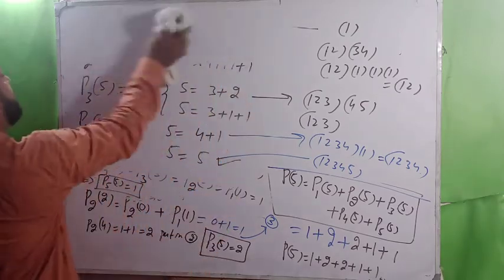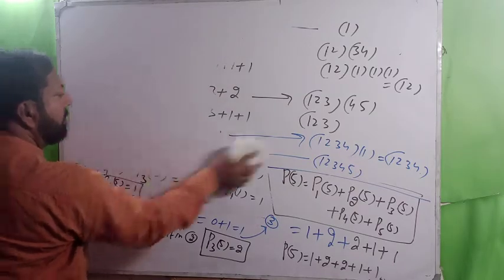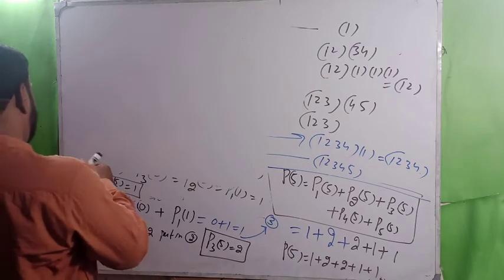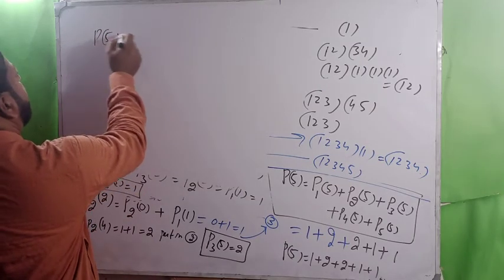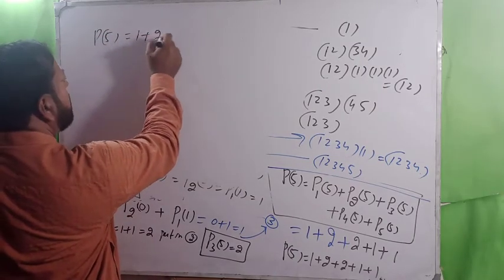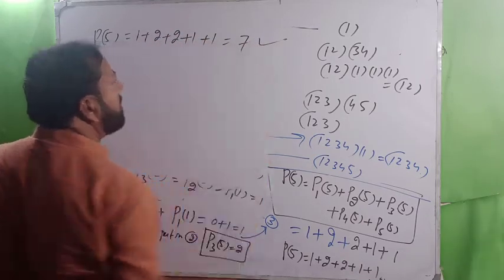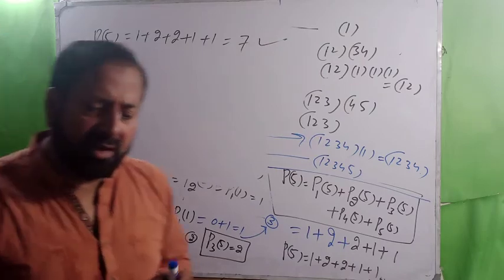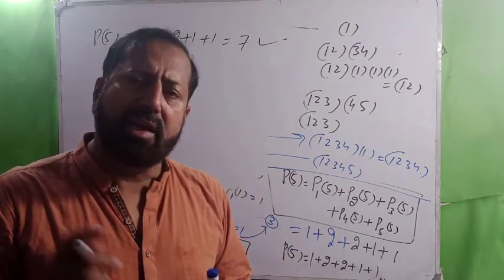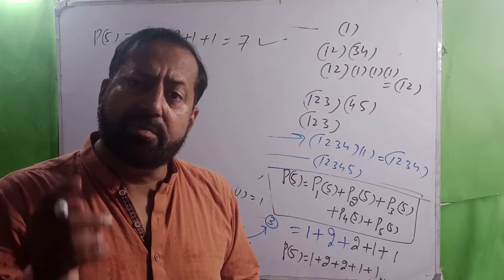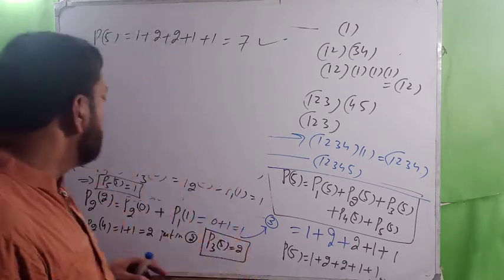Similarly, since P5 is equal to 1 plus 2 plus 2 plus 1 plus 1 is equal to 7, there are 7 conjugacy classes. So the number of conjugacy classes in Sn is equal to the number of unordered partitions Pn, right?